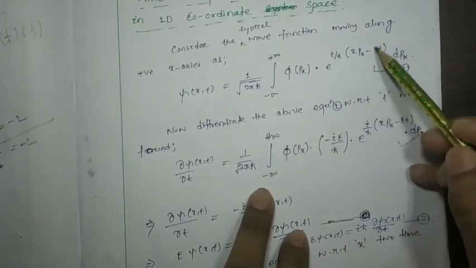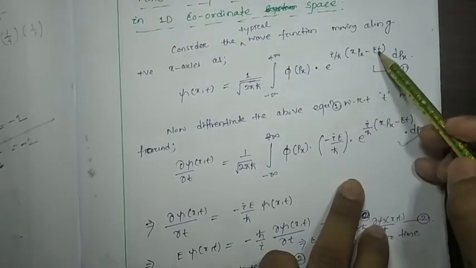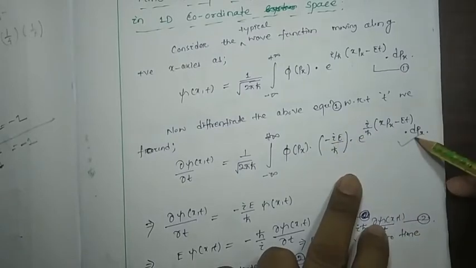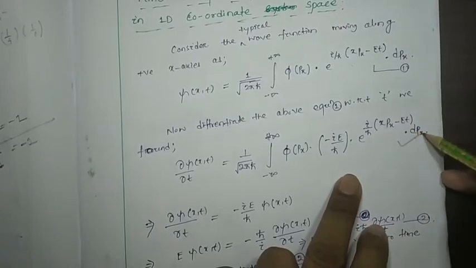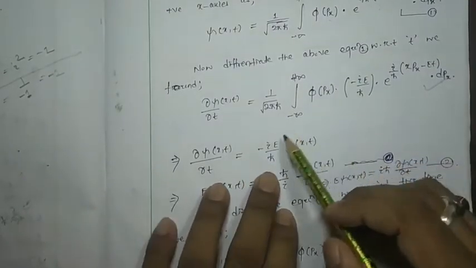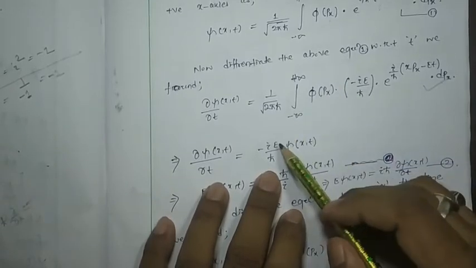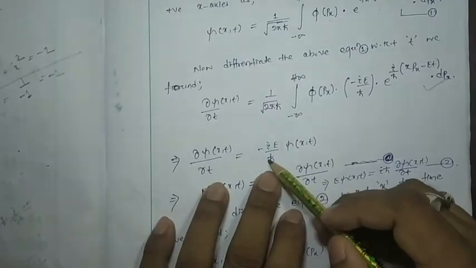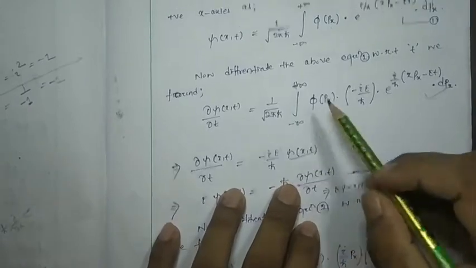If I differentiate this with respect to t, then it will be i by h cross times minus E, times e to the power i by h cross x px minus Et dpx. That implies, if we take this much outside of the integration, we find minus iE by h cross, and the rest of the expression is nothing but psi xt.